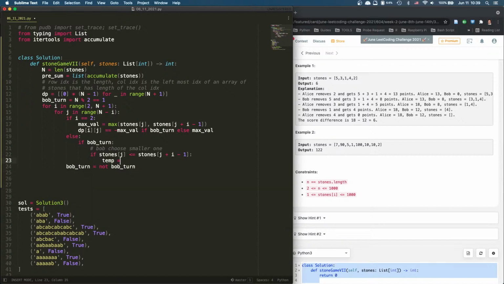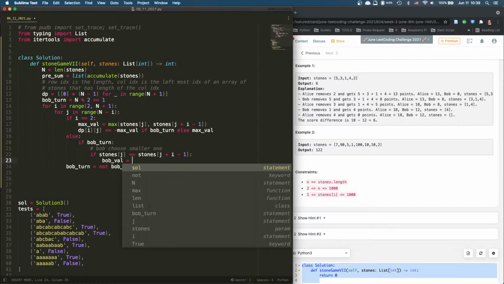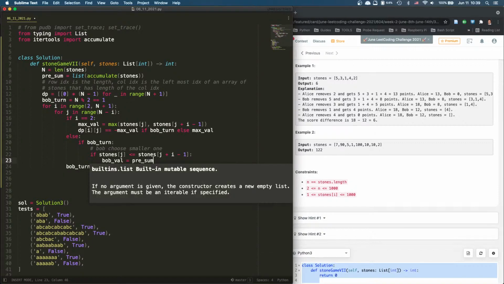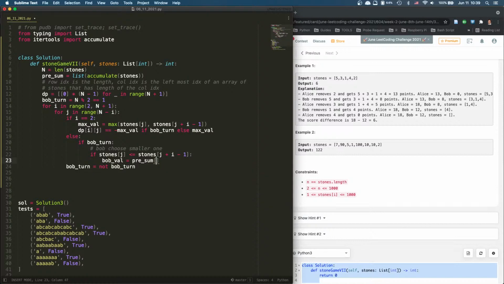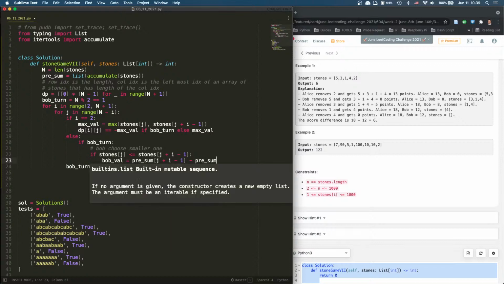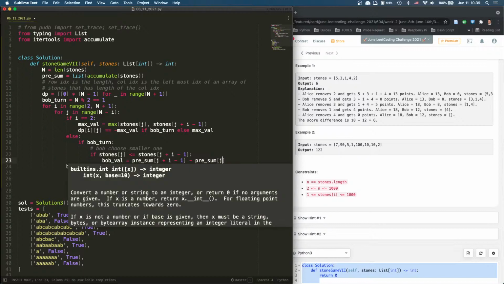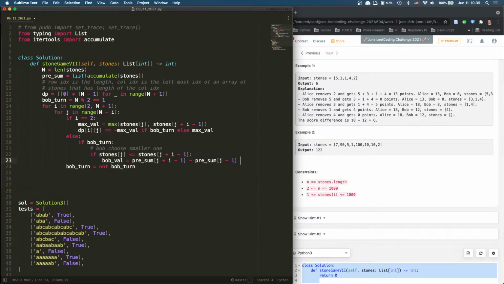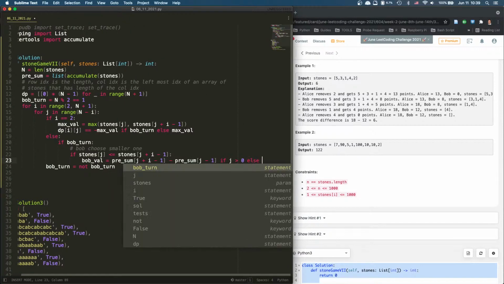So the temp, so not temp, Bob val equals presum. So pick j, so it's going to be j plus I minus 1 minus presum j minus 1, if j is larger than 0, else 0.